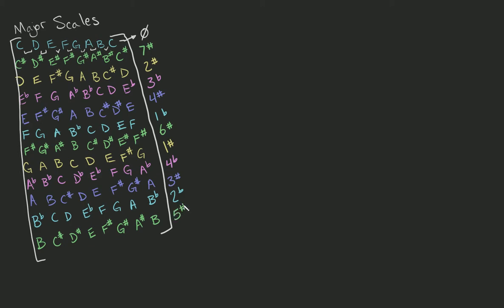Okay, so if we order these, we get this, and this is an interesting pattern. Let's go from flats to sharps, with 0 in the middle. So this will be like a number line: 1, 2, 3, 4, 5 flats this way, and then sharps this way: 1 sharp, 2 sharps, 3 sharps, 4 sharps, 5 sharps.